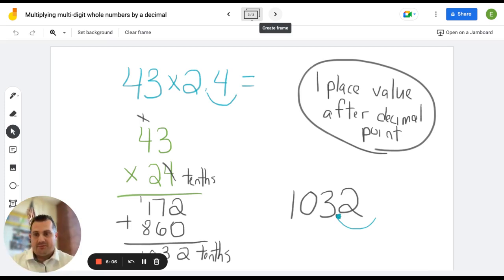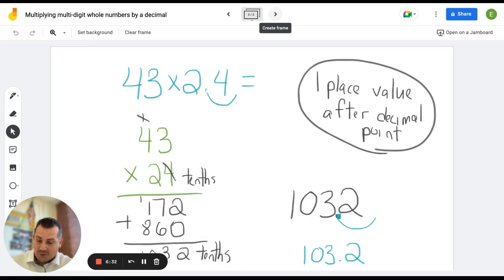So my final answer would be 103 and 2 tenths, which is the same as 1,032 tenths.